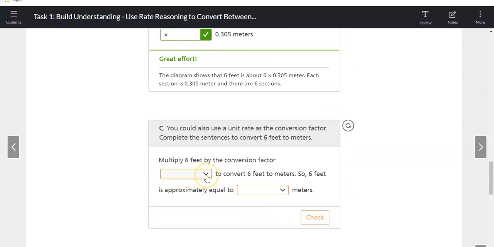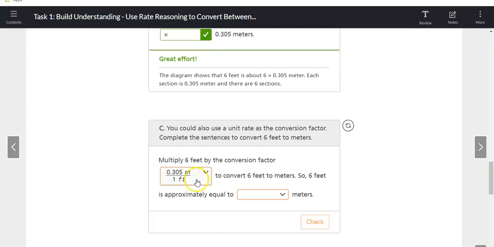So we're going to multiply 6 feet by the conversion factor, this one right here, because 0.305 meters is 1 foot. So 6 feet is approximately equal to 1.83 meters. When I multiplied 6 times 0.305, I got 1.83.